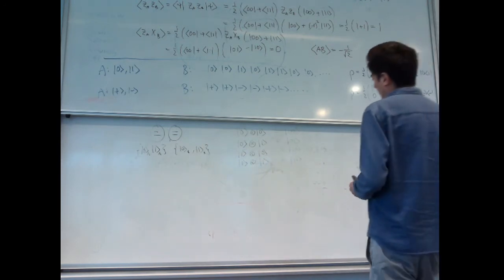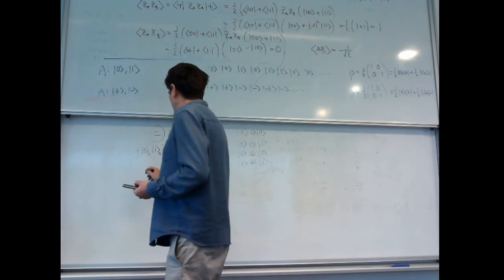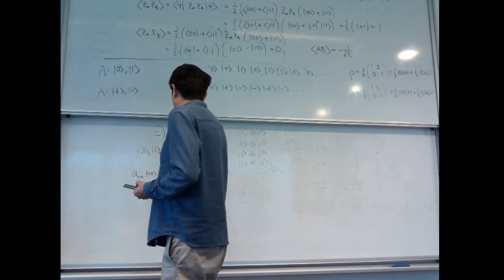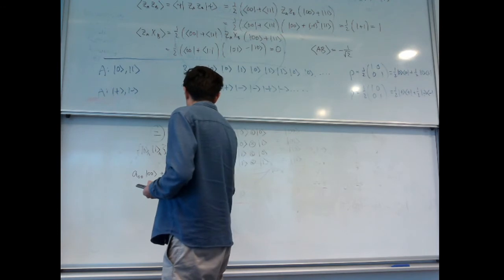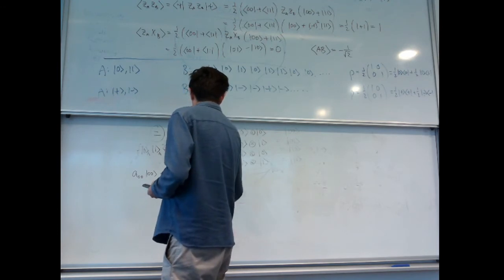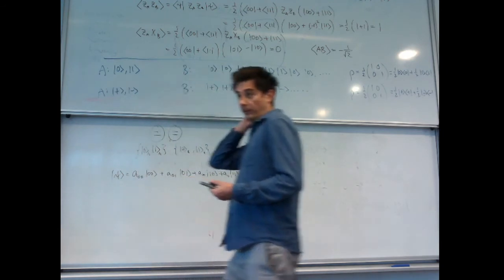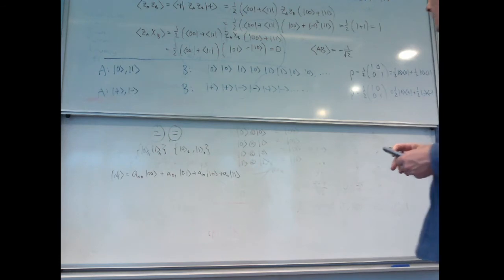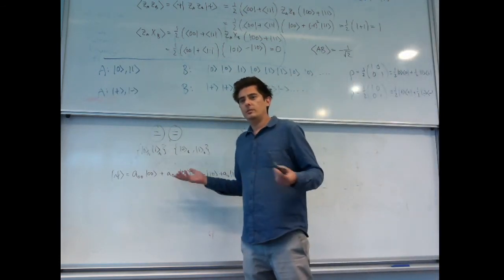And so the wave function of this 2-qubit system would in general be written something like this: 0 0, 0 1, 1 0, 1 1. So that would be a completely general wave function of the 2-qubit system. But this is just one basis that I could choose to write.